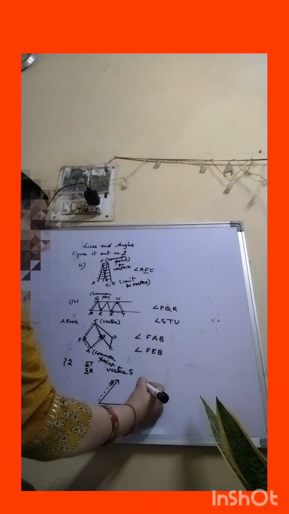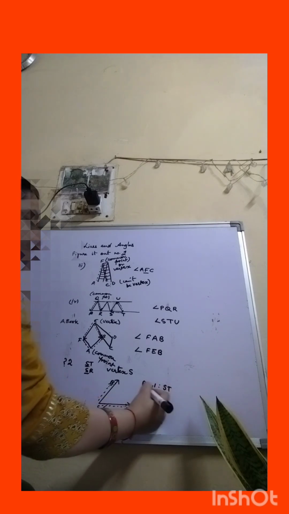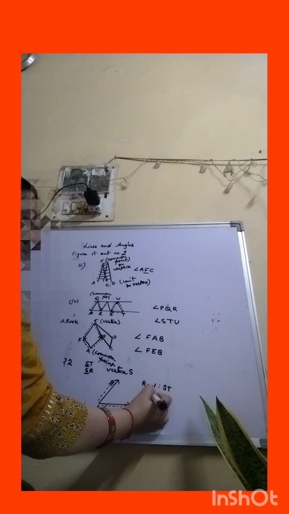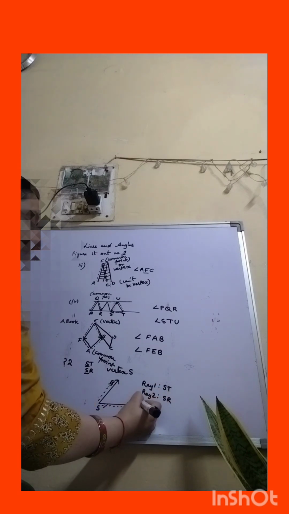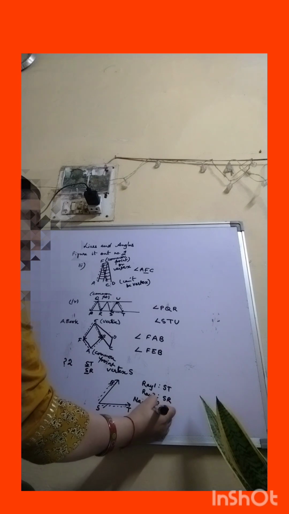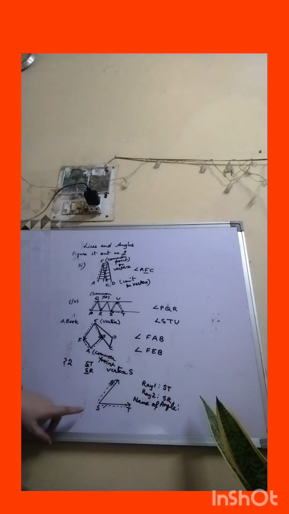If I want to write, ray 1 is ST, ray 2 is SR, and what would be the name of the angle?